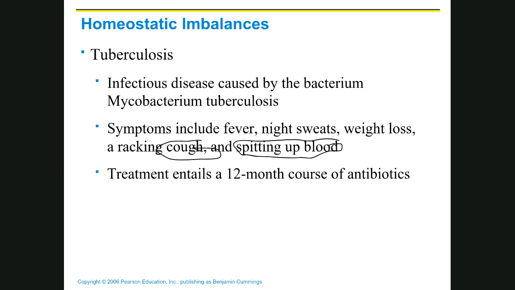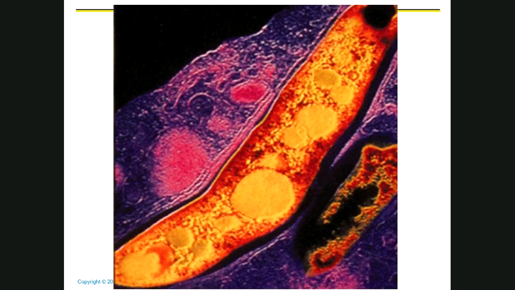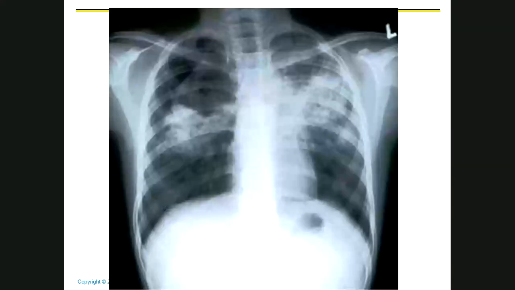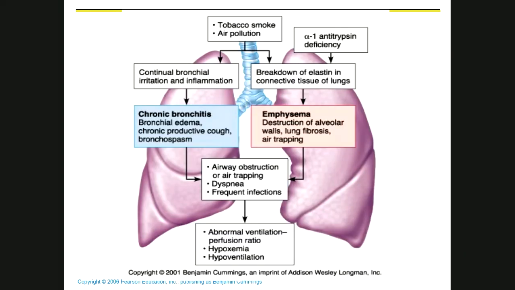And that happens when you're pretty far along. Tuberculosis is a bad disease, and it seems almost like it consumes a person. And so an older name for tuberculosis is consumption.